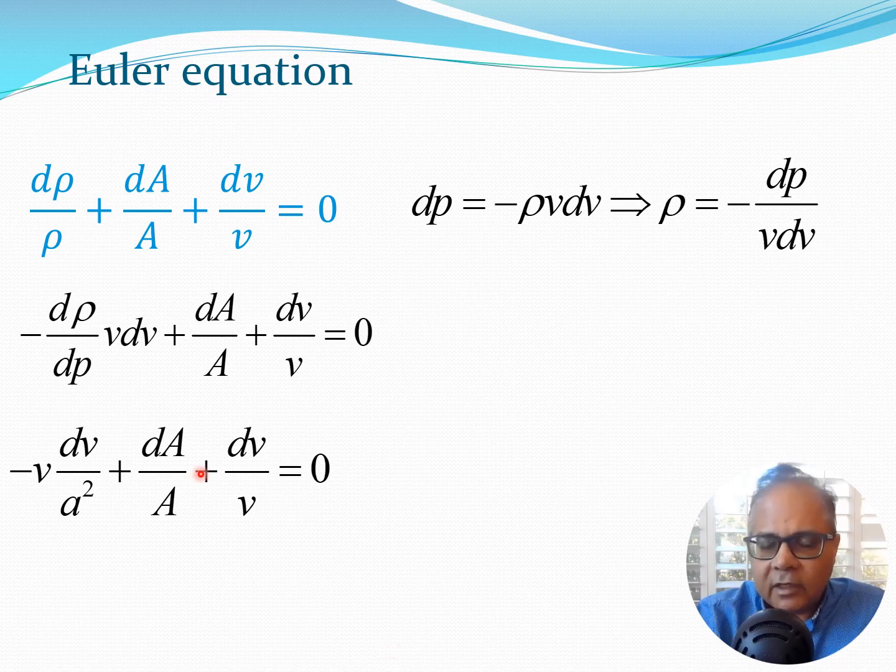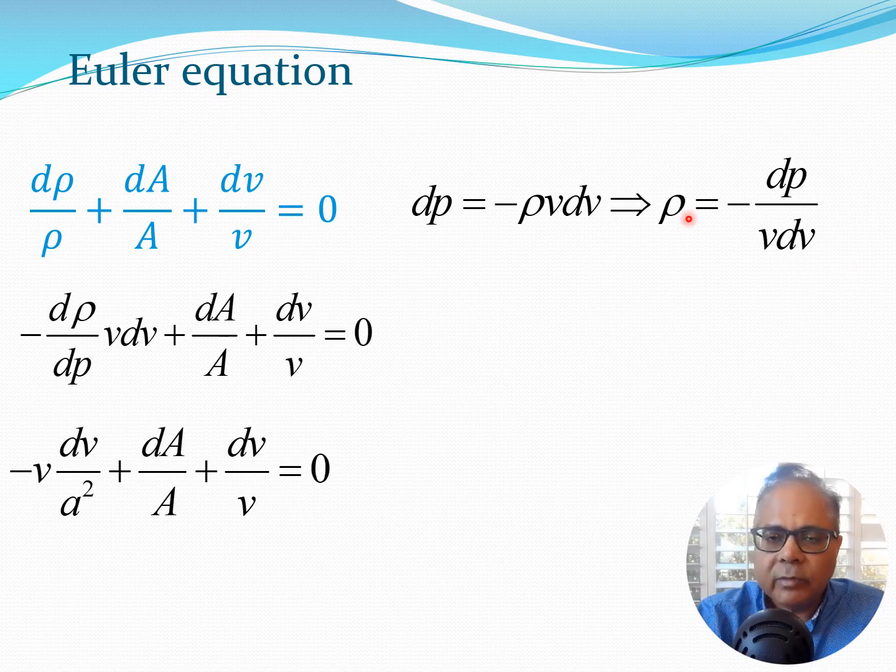So to do that, we will take recourse to one more equation, which is the Euler equation. So here we are making the assumption of frictionless flow, and we take this equation here, which we derived in the previous slide, and we combine it with the Euler equation. So remember the Euler equation had the form dP is minus rho v dv, where v is velocity, rho is density, p is pressure, and so I can immediately write rho is minus dp by v dv.